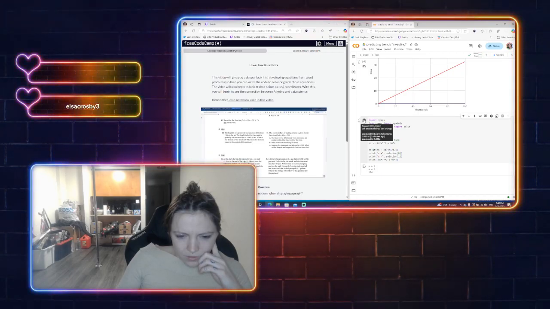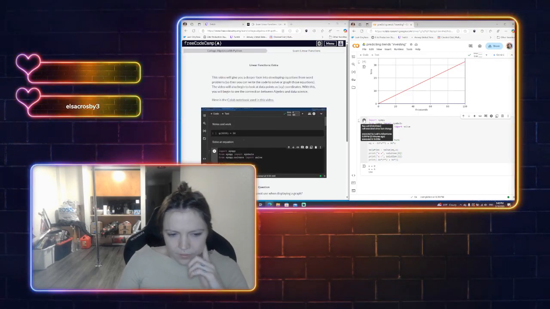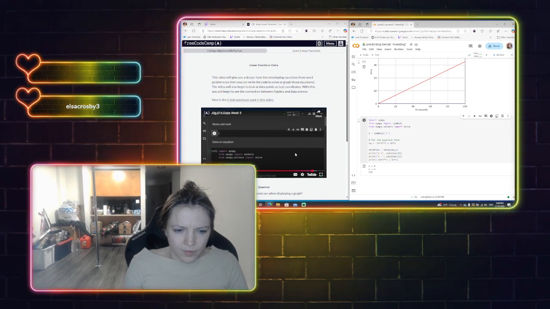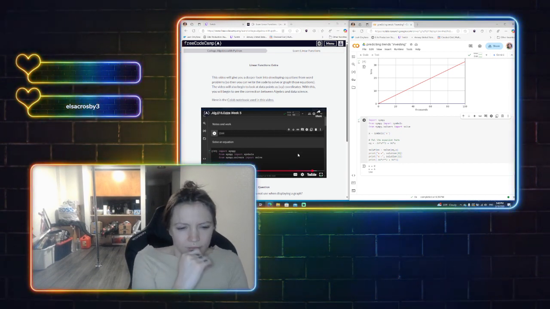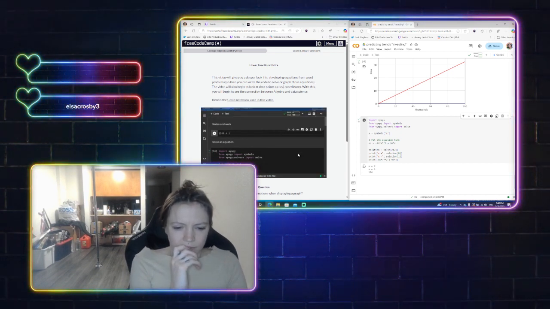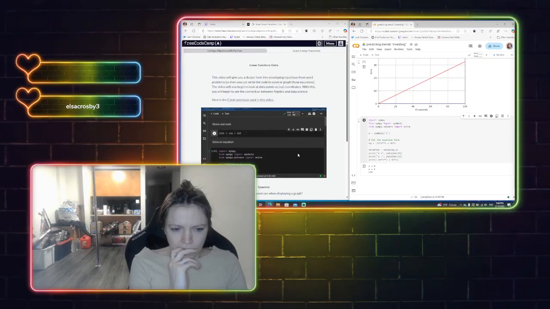All right, and supposing the maximum cost allowed is 1500, what is the domain and the range? So we have to set this equal to 1500. I'll just write this here: 1500 equals 10x plus 500. Notice this isn't Python syntax because I'm not worried about doing anything with this yet.